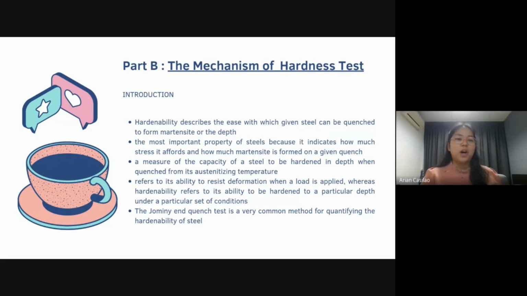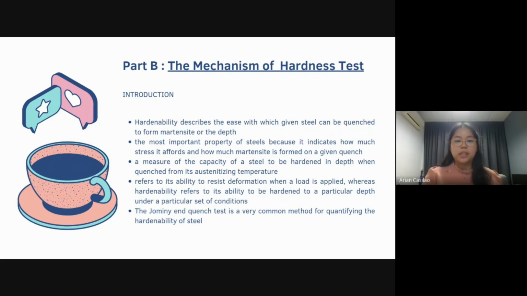Okay. So hardness is a crucial factor for determining how tough and resistant a material is to wear and deformation. It helps assess a material's overall strength and durability for different uses. Hardenability, specifically in steel, measures how easily it can be transformed into a tough structure called martensite during a cooling process called quenching.